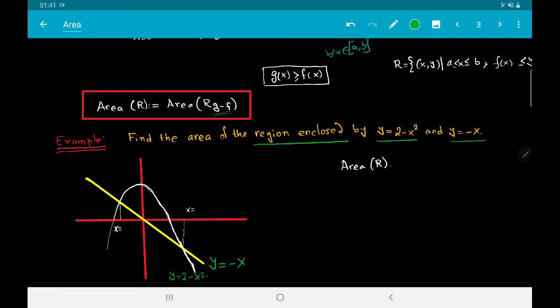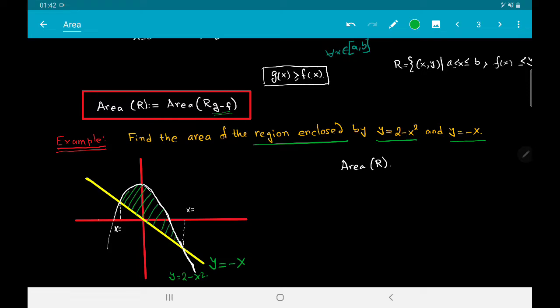We are trying to compute the area of the region enclosed by these two curves. Mainly we are interested in this region.